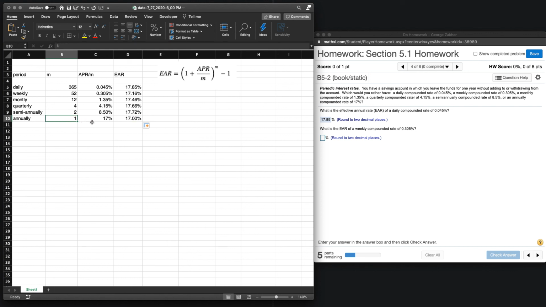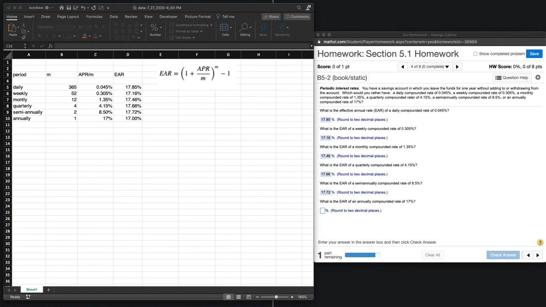Because remember, it's the effective annual rate, so they should be equal if we're compounding just once in that year. So I've gone ahead and completed most of it, and we'll just finish things off. Again, reminder, at an annual rate, 17 is going to be equal to the APR.